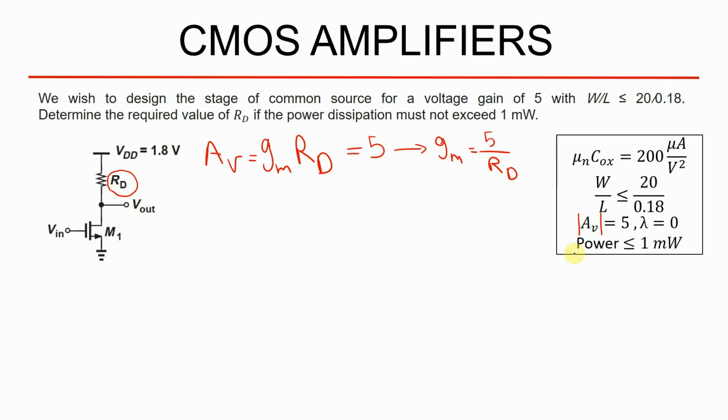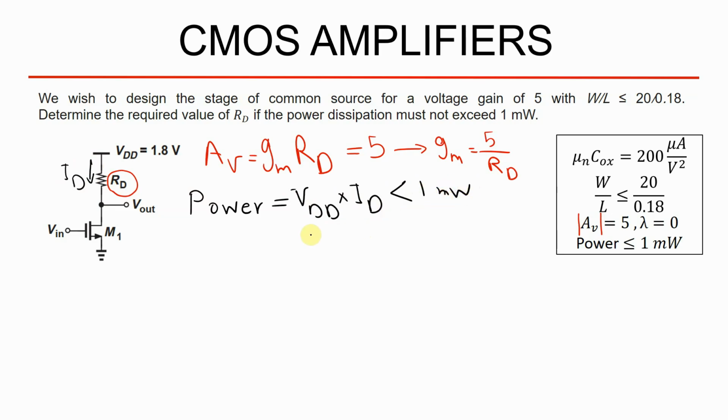Now, what is the formula for power? Why did I call power? This is because GM is somehow related to the drain current of this amplifier, and power for this amplifier equals VDD times I drain, and this is I drain, and this power has to be less than 1 milliwatt.